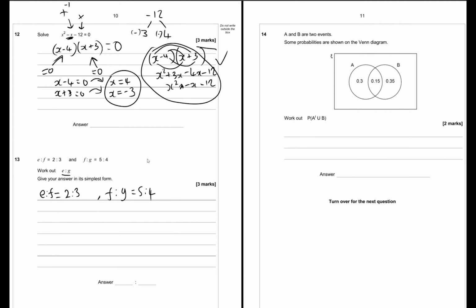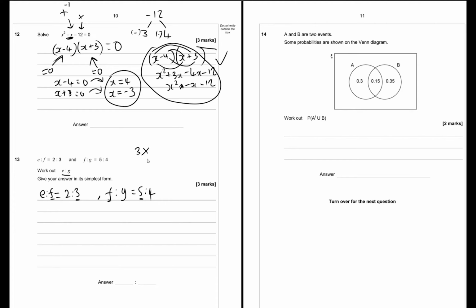What's the same in both of them? We've got an F on both sides. If we get F to be the same, we can get rid of it. So we want to try to get 3 and 5 to be the same. We can use factors or multiples here to work it out.